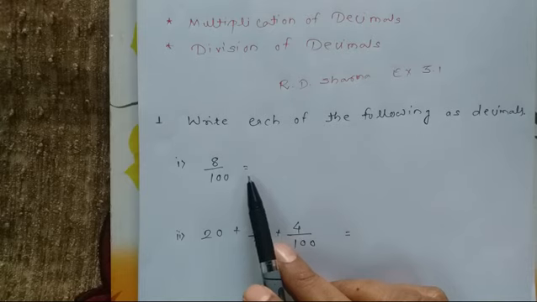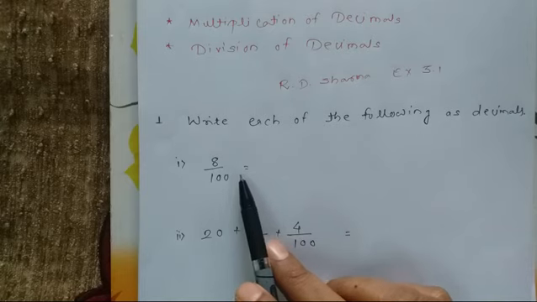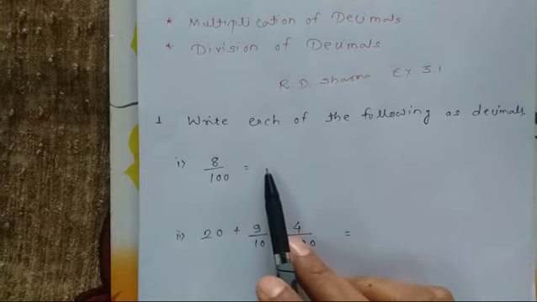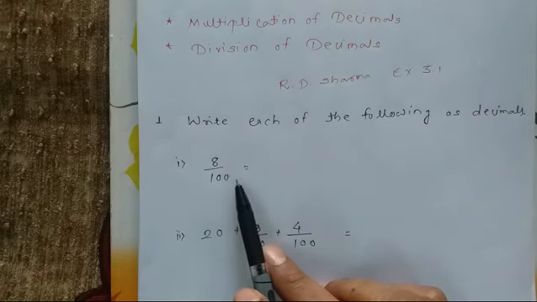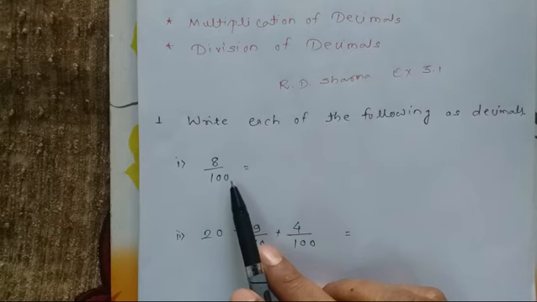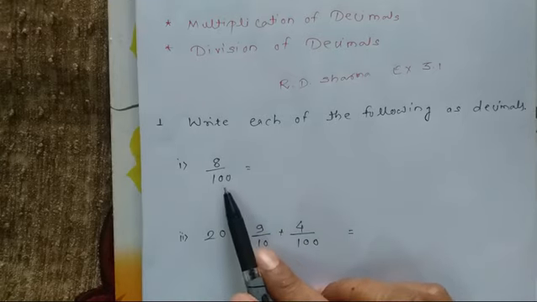As you know, conversion of a decimal fraction into a decimal number is very easy. Decimal fraction means what? If the denominator is 10, 100, 1000 like that, then such fractions are called decimal fractions. Here it is 8 upon 100.